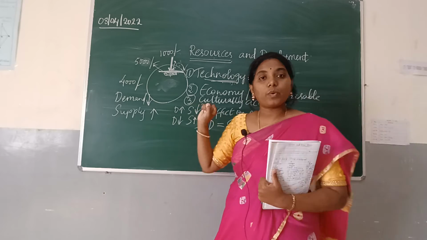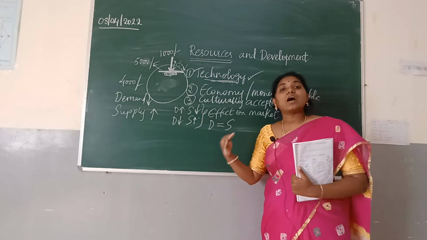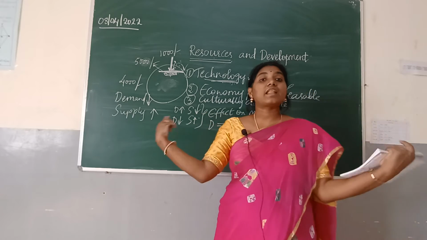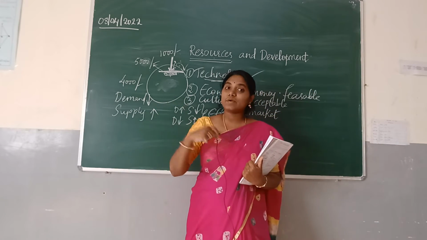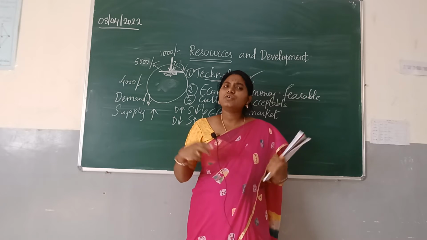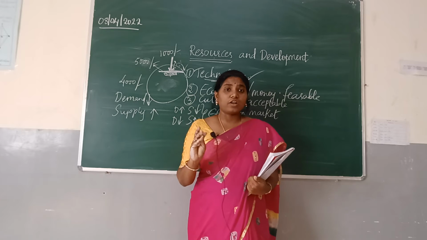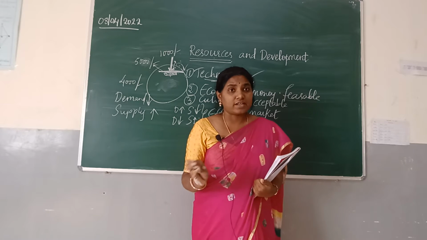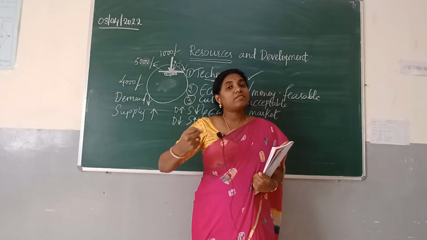So let us go for a quick recap of these 3 points. What are resources? Resources are those things which are available in our environment, which directly or indirectly satisfy our needs. How can we procure these resources? Point number 1, using technology. Second, to procure those resources, it should be within our budget.